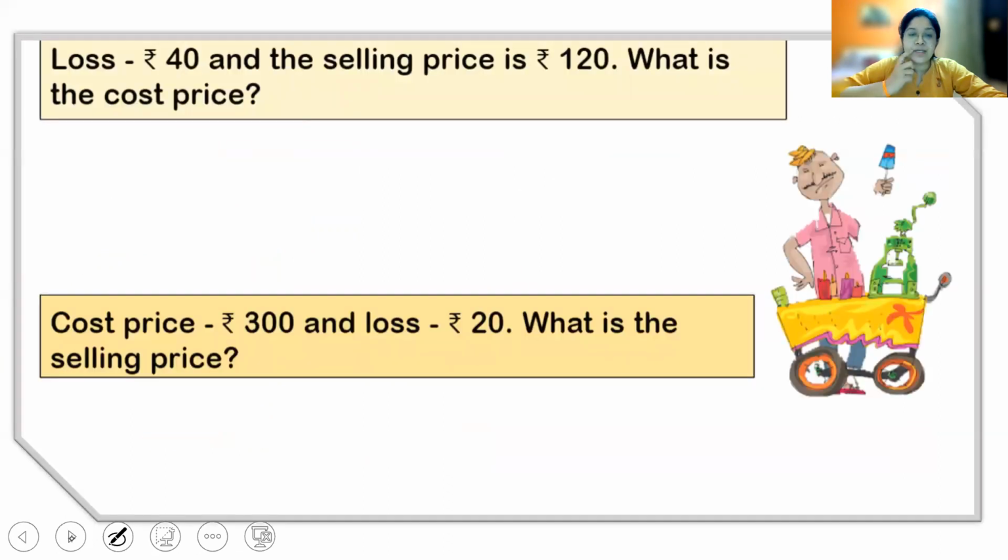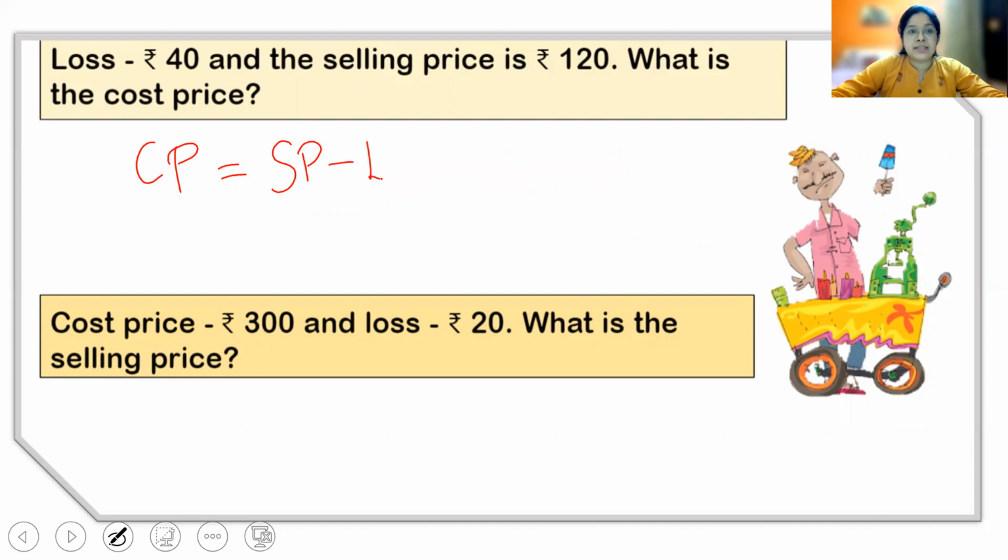Now let's quickly do another sum. So here is the question of cost price. As we know, cost price is equal to selling price minus loss.